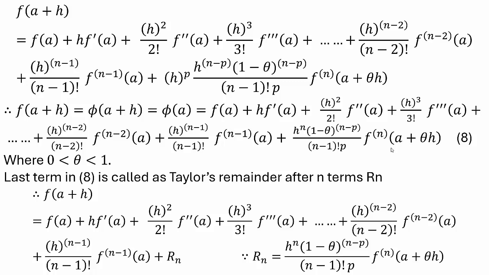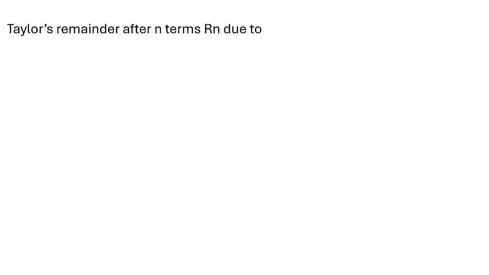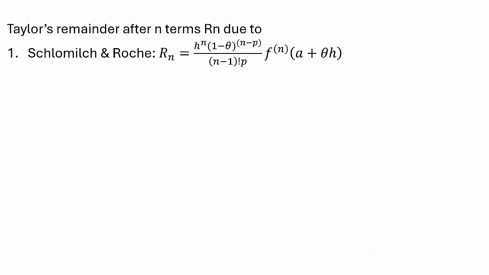This is the sum of n terms after which the remainder is Rn. And Rn is nothing but h raised to n 1 minus theta raised to n minus p divided by n minus 1 factorial into p into f^n a plus theta h. Taylor's remainder after n terms, Rn, due to Schlömilch and Roche is h raised to n 1 minus theta raised to n minus p divided by n minus 1 factorial into p into f^n a plus theta h.